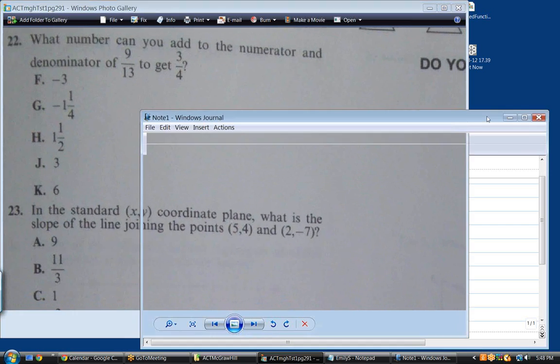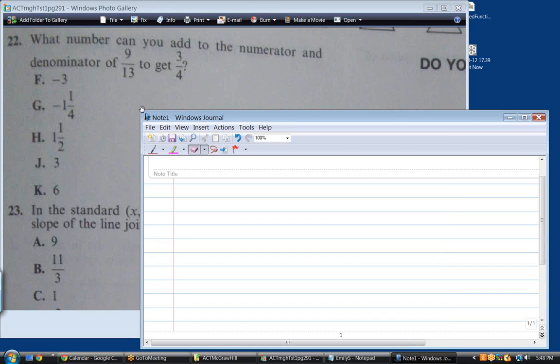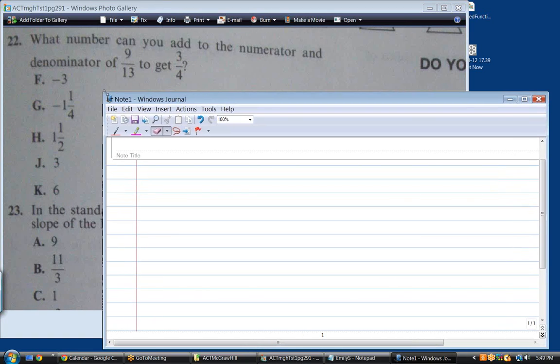Okay, this is kind of a cool problem. When you are taking the ACT test, and I realize that we're doing these sessions for kind of a dual purpose.